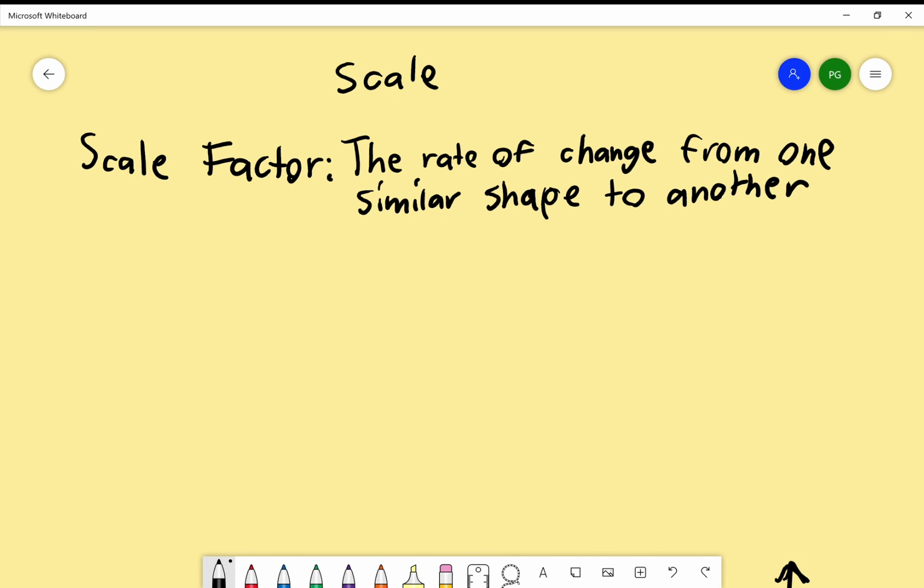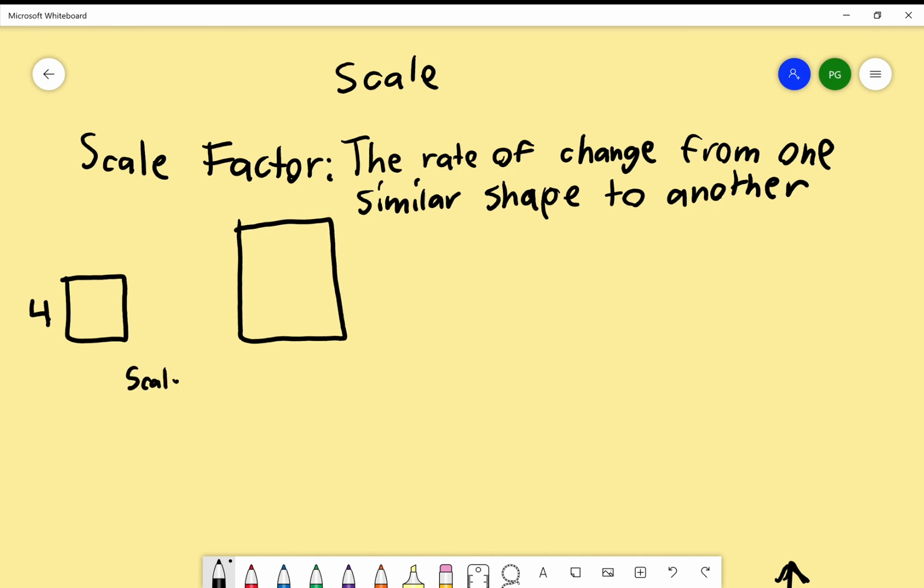Here, in the first one, let's say that I have a box, yeah? And I'm telling you this side of the box is worth 4. And here I have a bigger box. These two shapes are similar, and I have a scale factor of 5.